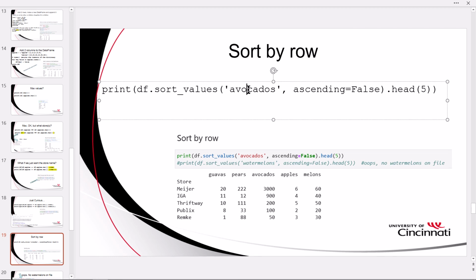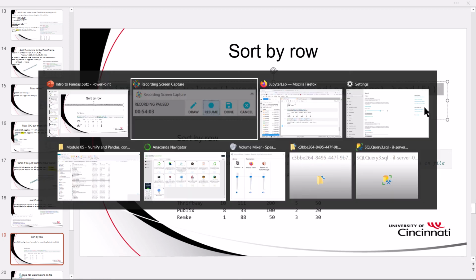So all the rows in the data frame will be rearranged by order of the values in the avocados column. And I chose to sort in descending order by using the keyword argument ascending and setting it to false. Then I only ask for the top 5. So in case I had volumes and volumes of data, I could only see the top 5 there. And let's take that back over to Jupyter Lab.